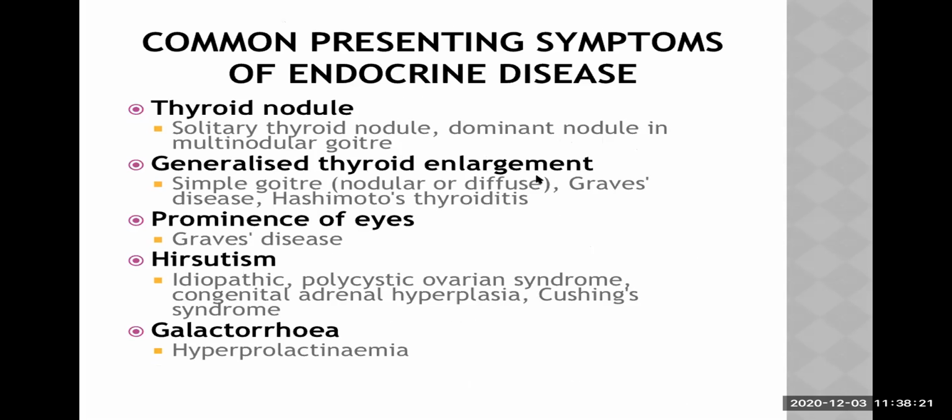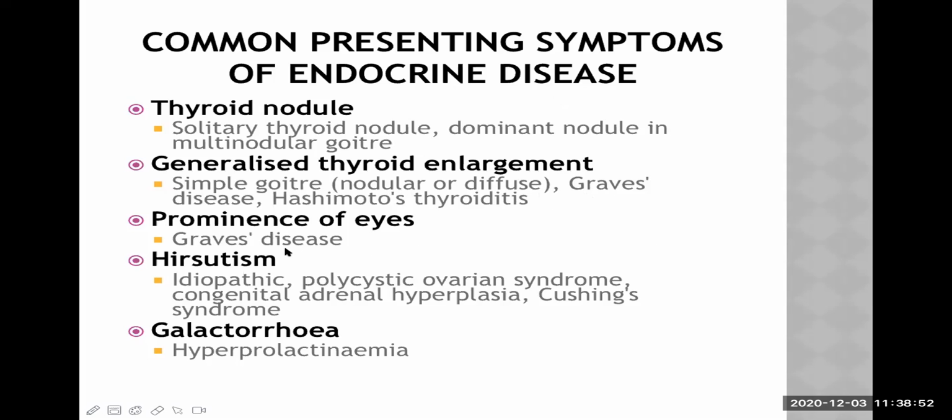Generalized thyroid enlargement, also known as thyromegaly, can occur in simple goiter, maybe a nodular type of goiter or diffuse goiter, Graves' disease, which I'm going to talk about, and Hashimoto's thyroiditis. Graves' disease is a feature of hyperthyroidism, whereas Hashimoto's thyroiditis usually causes hypothyroidism. In both of those situations, there is thyromegaly or enlargement of the thyroid gland.